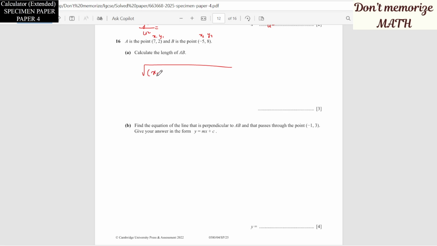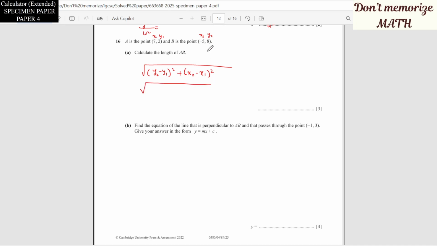normally we start from y, but anything is fine. (y2 minus y1) whole squared plus (x2 minus x1) whole squared. So it will become the square root of, what is y2? y2 is 8, so 8 minus y1 is 2, (8 minus 2) whole squared plus x2 is minus 5, minus x1 is 7, whole squared.